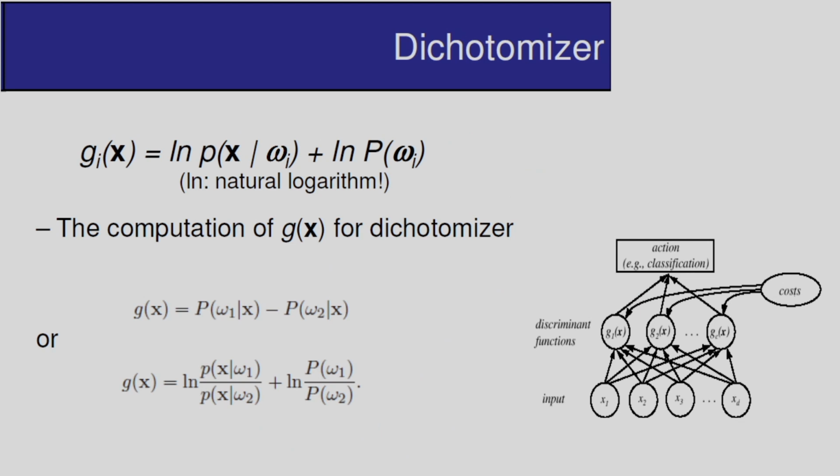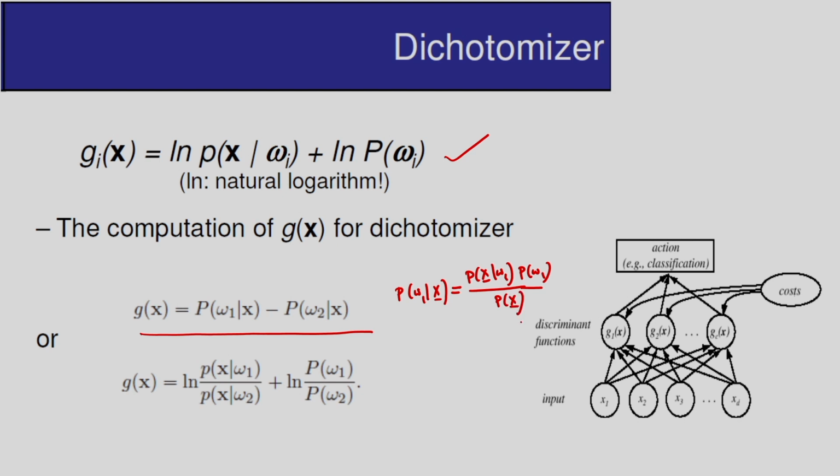And this g_i(x), already I have the equation of the discriminant function, and corresponding to this you can see g(x) is nothing but P(w1|x) minus P(w2|x). That is g(x). g(x) is nothing but g1(x) minus g2(x). From this, you can put in the value, because P(w1|x), the probability of w1 given x, is nothing but p(x|w1) P(w1), and the evidence is p(x).